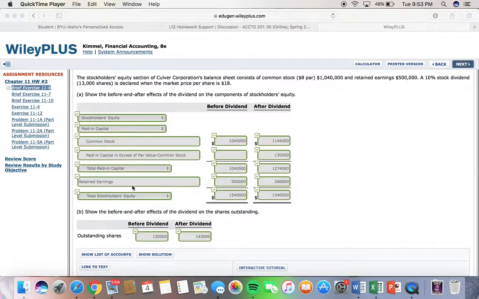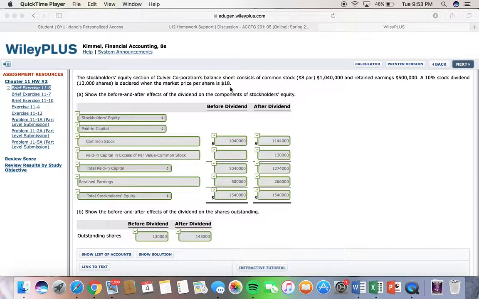We will now move on to retained earnings. The way we found retained earnings is we have the $18 price per share when the dividend is issued. So we'll have 18 times the 13,000 shares, which will give us $234,000 of stock.